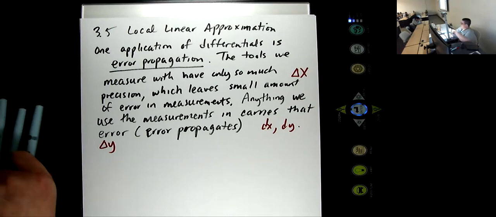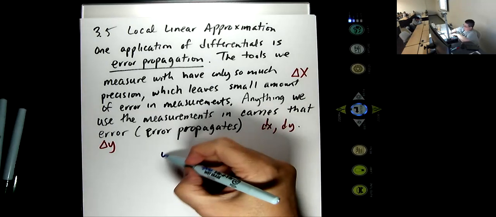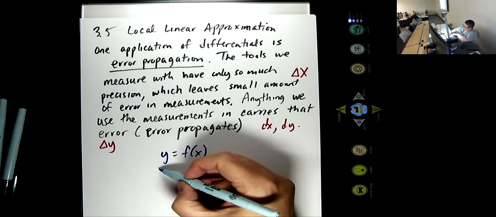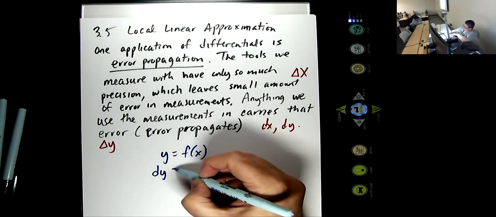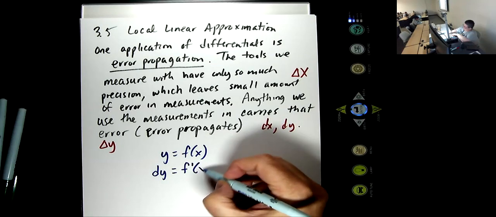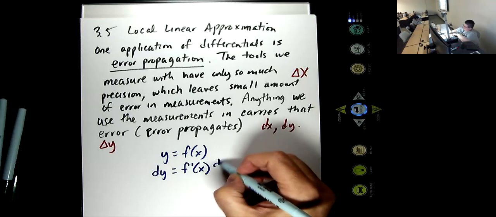So if we have y equals f of x, we take the derivative, but we're doing it as differentials. We get dy equals f prime of x times dx.